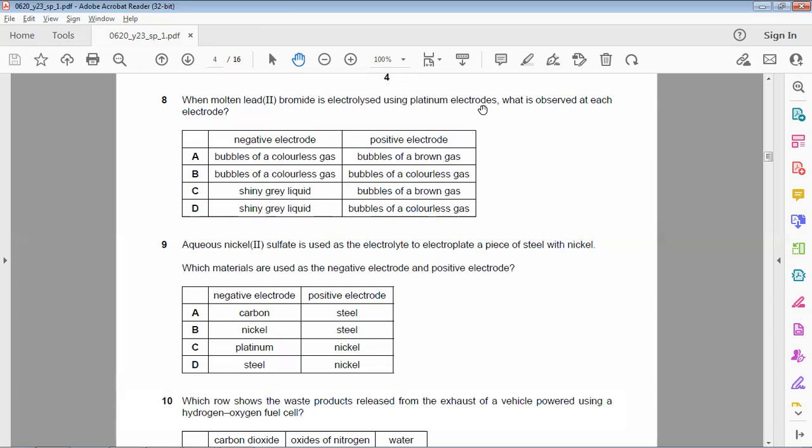Platinum electrodes are inert, so they don't take part. At the negative electrode, the positive lead ion will go, resulting in a shiny gray liquid. On the positive electrode, the bromide ion will result in bubbles of brown gas. So C is the correct answer.